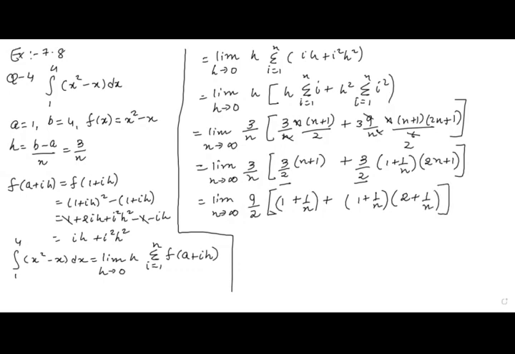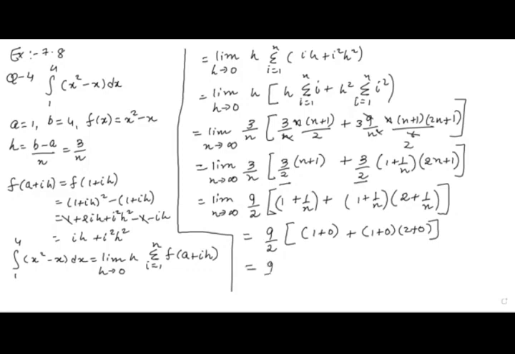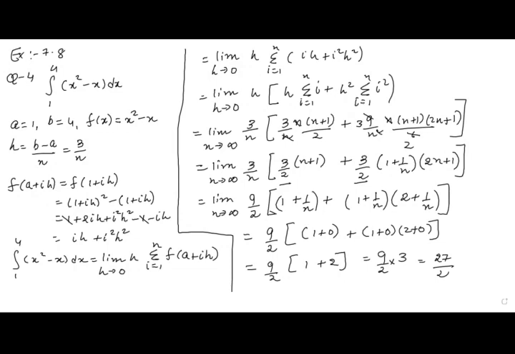As n tends to infinity, 1 by n tends to 0, so I will keep the value of 1 by n as 0. So 1 plus 2 gives me 3, which will be 27 by 2.